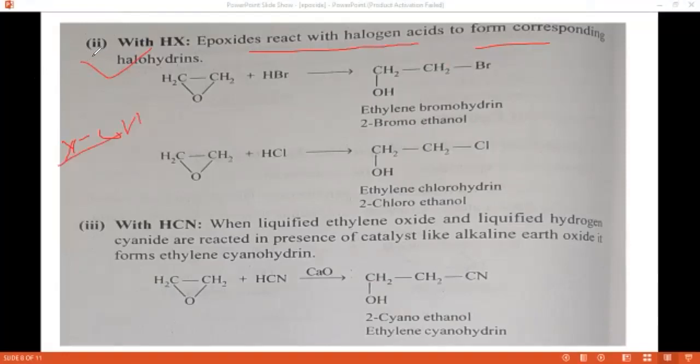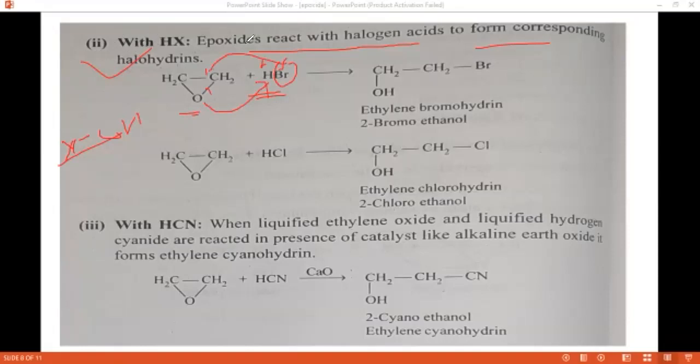Now the epoxide, ethylene oxide, reacts with HBr, hydrobromic acid. Then Br carries a negative charge and the hydrogen carries a positive charge. This Br is attached to this CH2 group, the ring is opened here, and this oxygen is attached to this hydrogen, giving OH and Br.